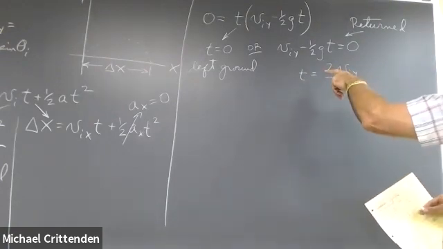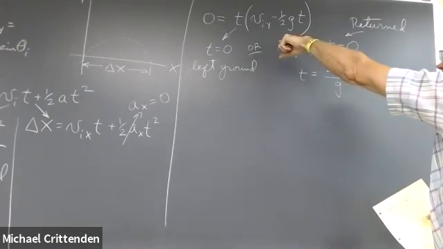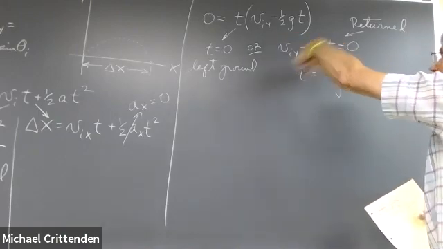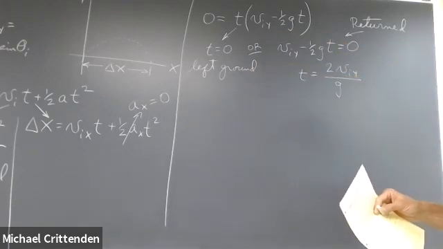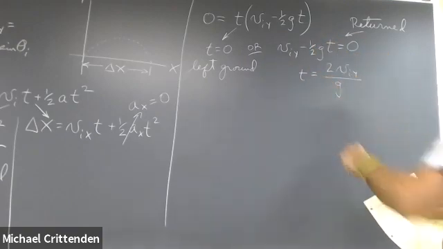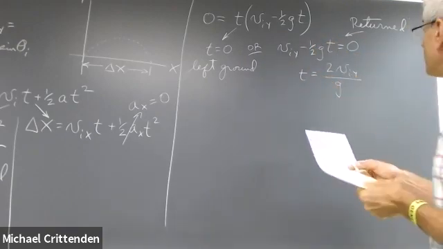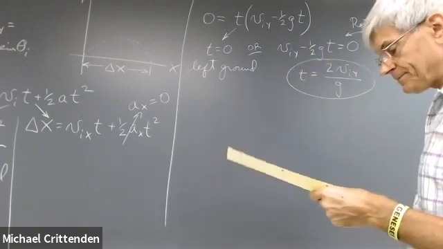But I added this to both sides, and then I multiplied both sides by 2, and then I divided both sides by g. So a few lines of elementary algebra gets you from there to there. And that is the root that we care about.